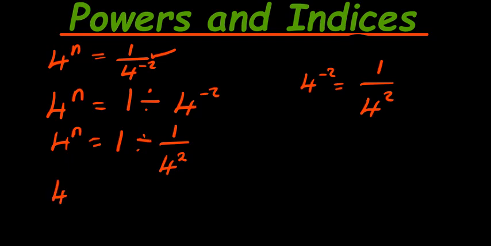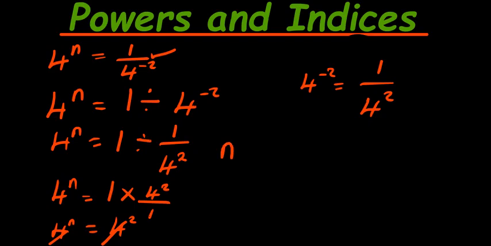So 4 to the power n is equal to, in order for us to introduce multiplication, the denominator becomes the numerator and the numerator becomes the denominator. So 4 to the power n is equal to 1 multiplied by 4 to the power 2, which is just 4 to the power 2. As you can see, the bases are the same, so you cancel the bases and you remain with n equals 2. So that is your answer.